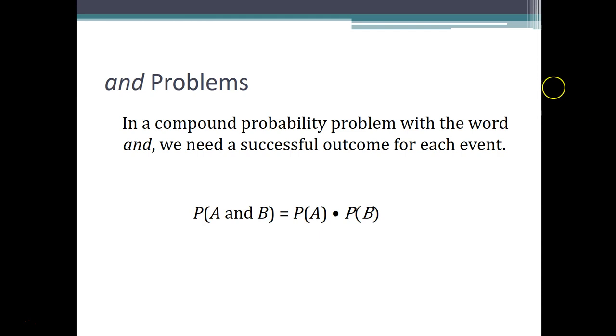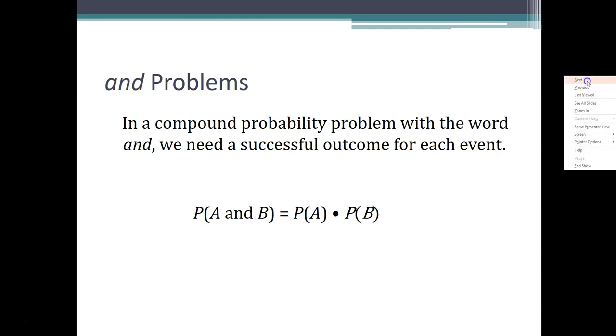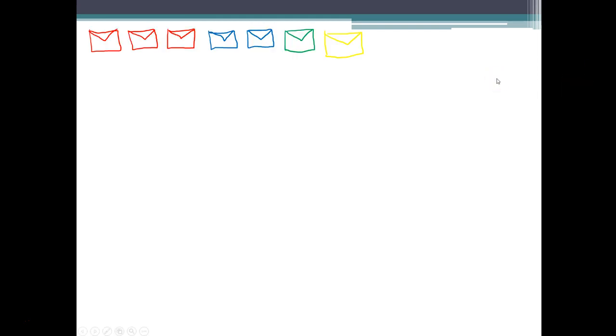Okay, so let's go ahead and tackle a situation where you're going to have the AND problem. All right, in this situation, you have colored envelopes. I've already drawn the colored envelopes there on the top of the slide. You have 3 red, 2 blue, 1 green, and 1 yellow. Okay, and you're going to select 2 envelopes at random.